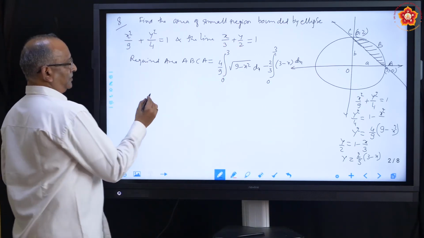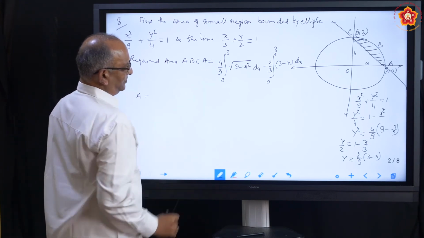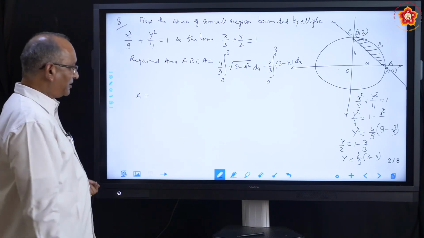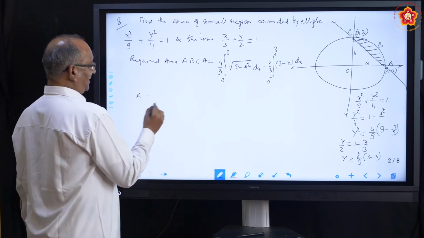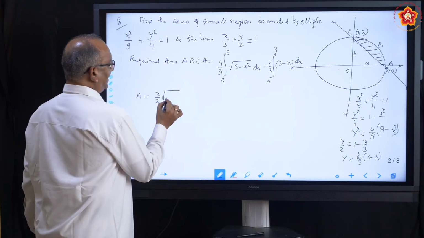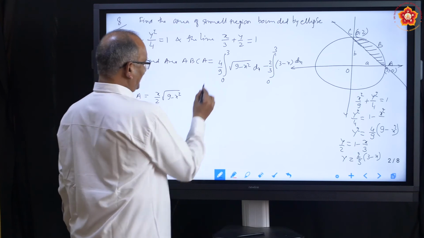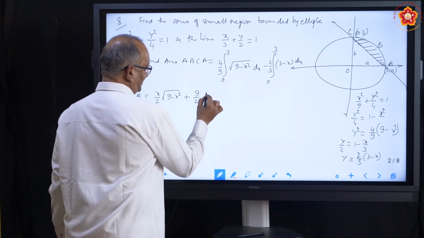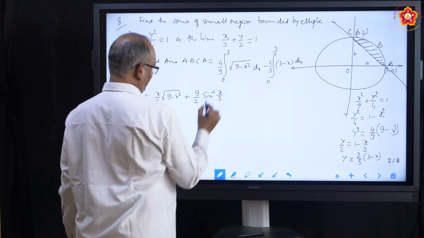Integrate. So area is equal to, here we will use the formula under root of a square minus x square. So what is the formula? The formula is x by 2 under root of 9 minus x square plus a square by 2. What is a here? 9. A square by 2 sine inverse x by a, x by 3.